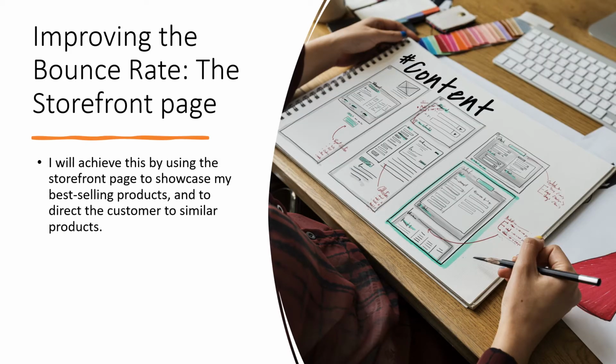I will achieve this by using the storefront page to showcase my best-selling products and to direct the customer to similar products. So I want to visually showcase the products that I'm selling the most of and direct the customers to like content.